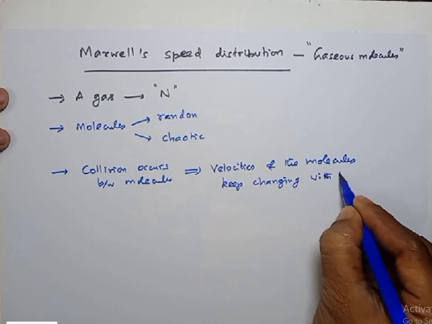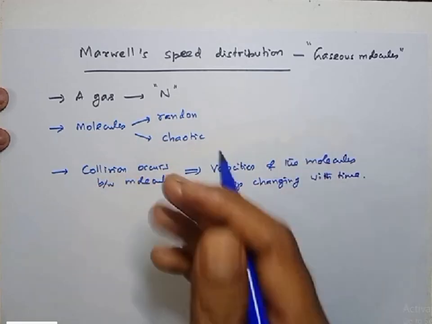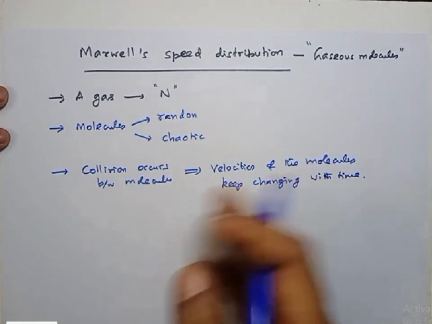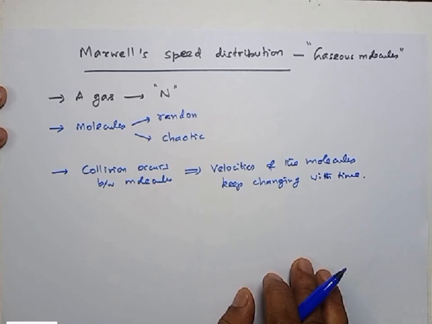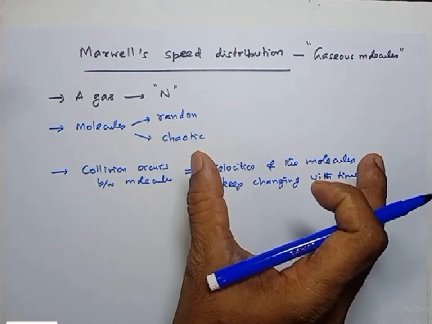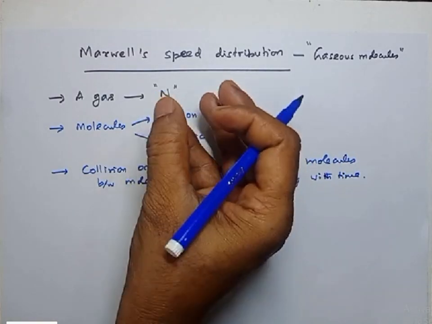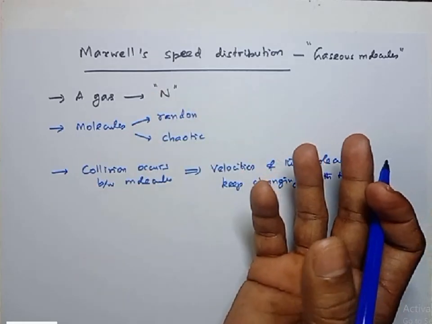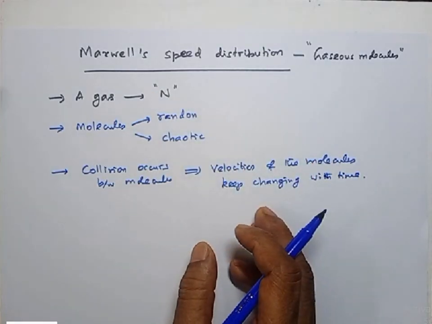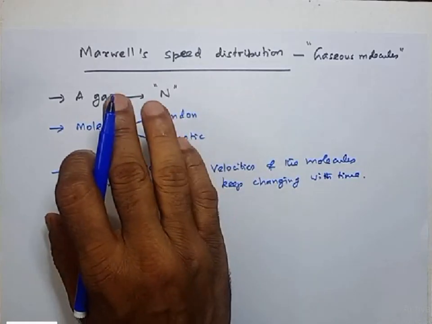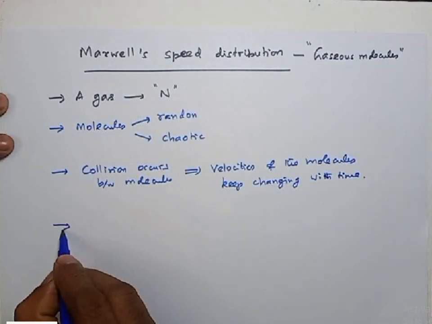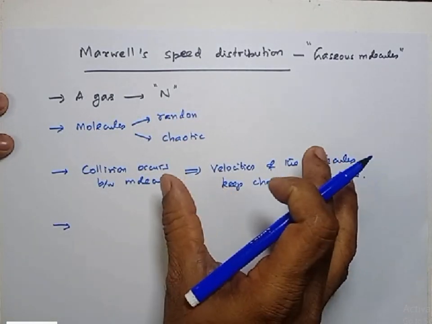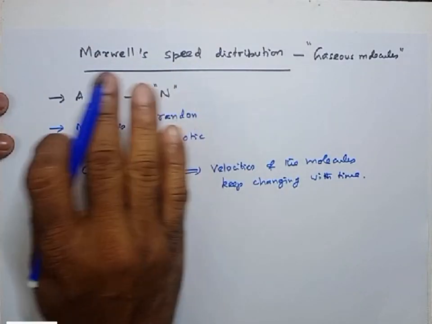As the time progresses, the velocity of the molecule keeps on changing. Right? So at a particular instant, some molecules may have very low velocity, some molecules may have very high velocity. So velocity is distributed.